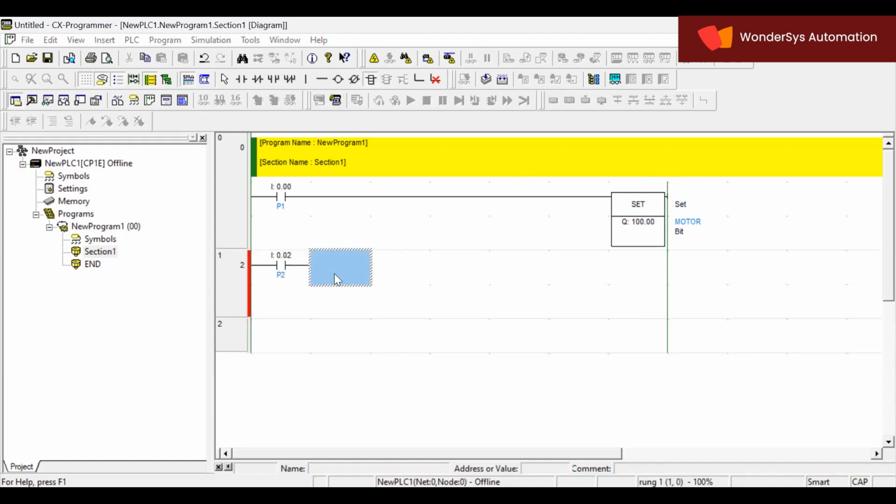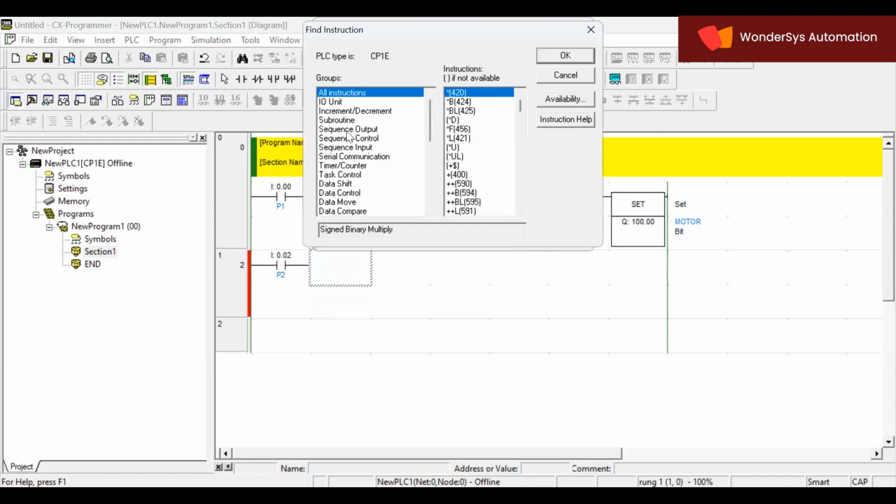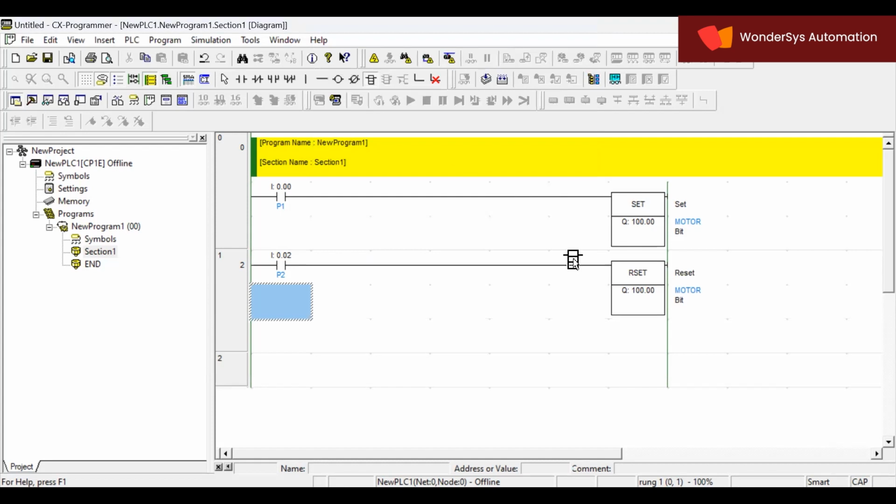Again, select the function block, go to details, find instruction, sequence output, select reset. Then in the operand, give the address. Here you can use the same address.